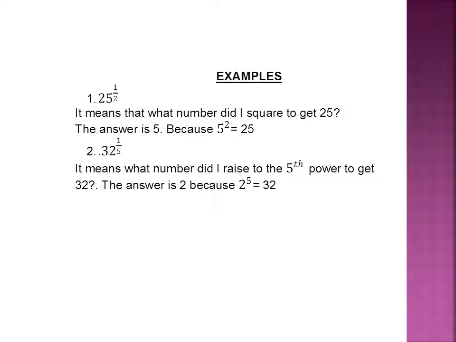So the answer is 5. 5 to the power 2 will give us 25. So the square root of 25 is 5. Why the square root? Notice the exponent for 25 is 1 divided by 2. So we are talking about the denominator, isn't it? The 2. And the 2 makes us think that it is square.